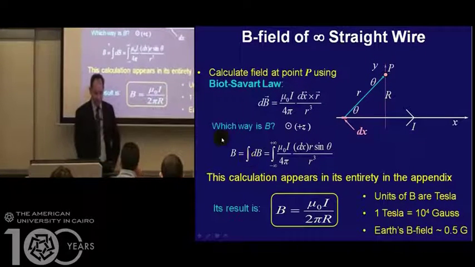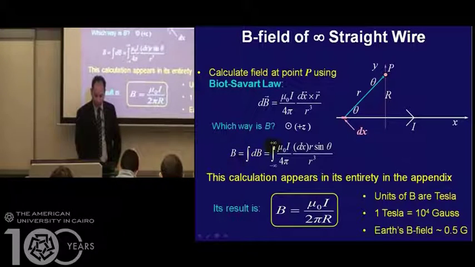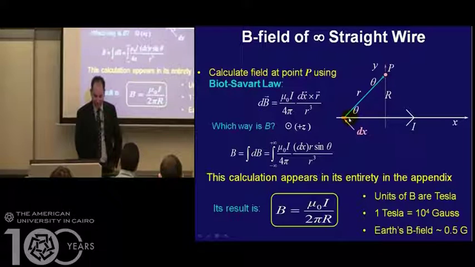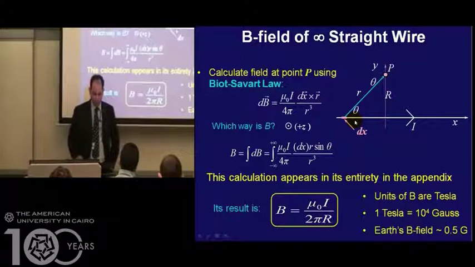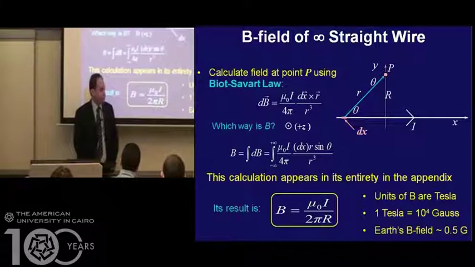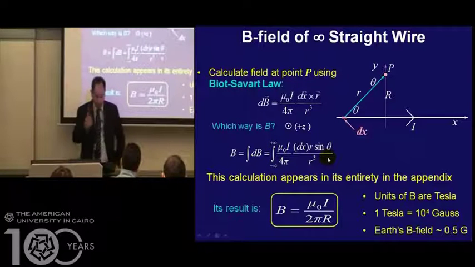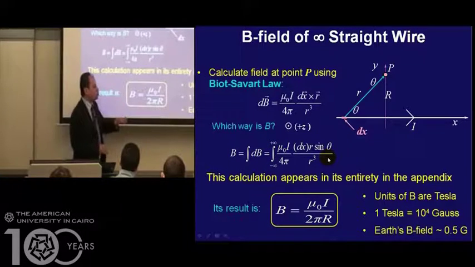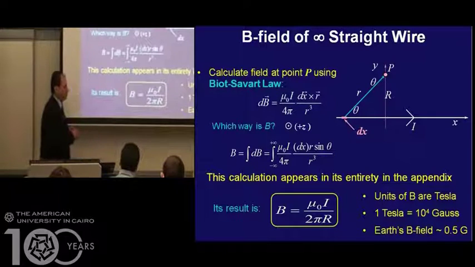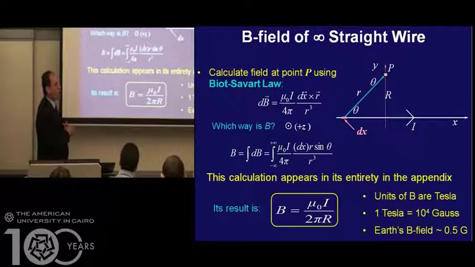The magnetic field is going to be the integration of all those dBs: the magnetic field from that segment, plus the magnetic field from that segment, plus the magnetic field from that segment. If you divide the wire into small segments, then we will be able to find the magnetic field if you integrate from negative infinity to positive infinity. Now, what's dx cross r?